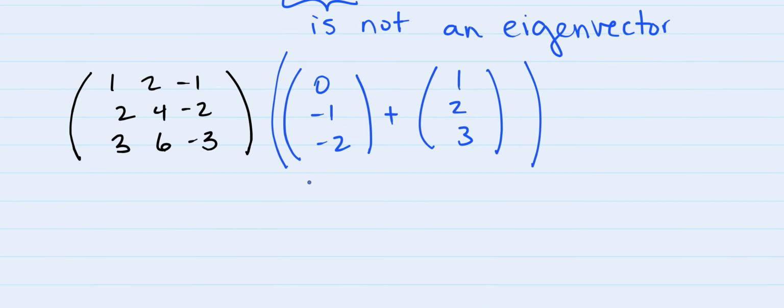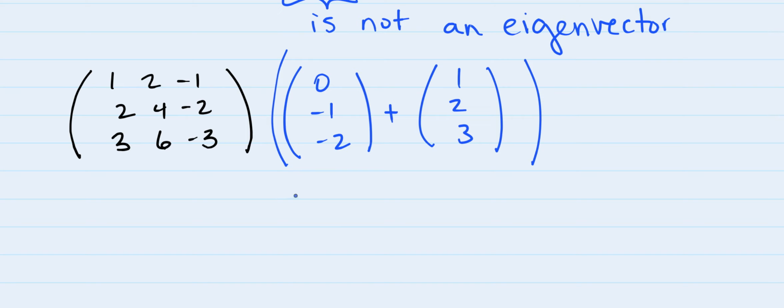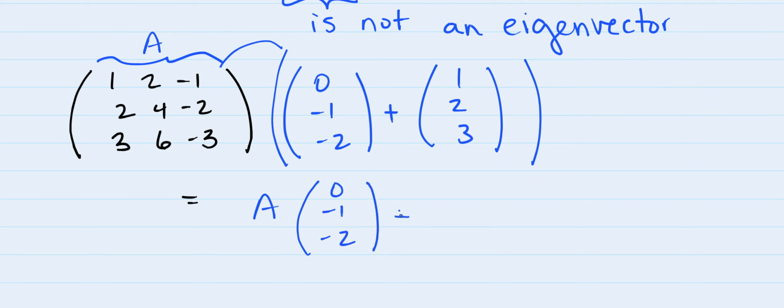So this vector, because it belongs to the 0 eigenspace, is just going to be 0 if I apply this, because this is going to equal, let me show you what I'm going to do here. So this matrix is A. I don't want to rewrite this, so let's say that this matrix is A. So this is going to be A times 0, negative 1, negative 2, plus A times 1, 2, 3.